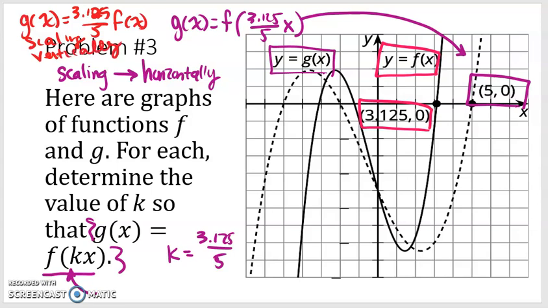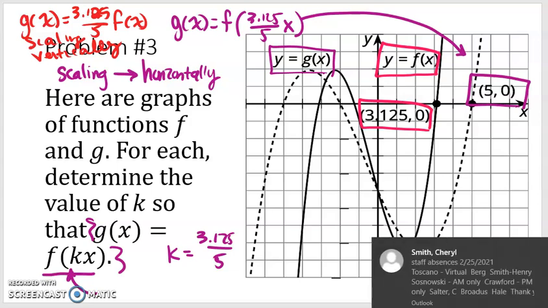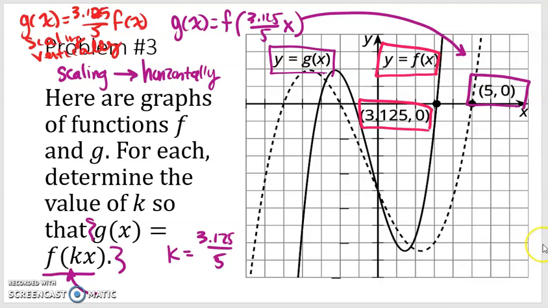Depending on how it's written will tell you if it's stretching or compressing. It's one thing to know the factor. It is another thing to be able to talk about the position. Position tells us if it's vertical or horizontal, but the number in finding scaling is done by a fraction.